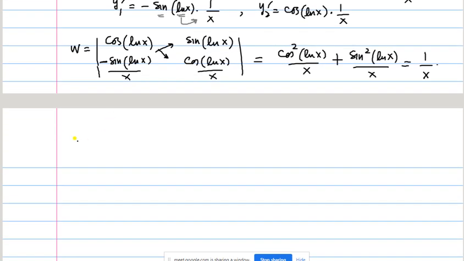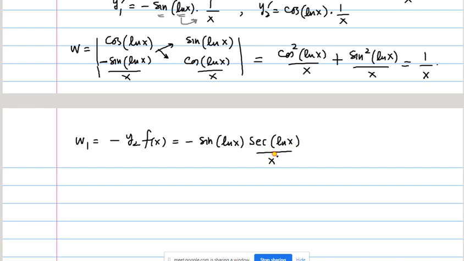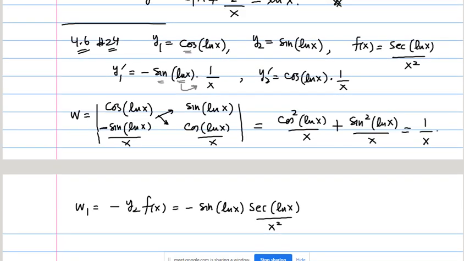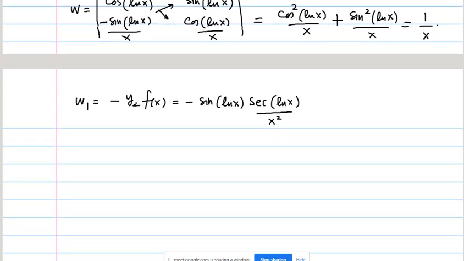Okay. Now w1 is minus y2 f of x. You can write it directly. Minus y2, so minus sine log of x, this is my y2, right? And f of x is secant log of x divided by x square. This is w1. And now w2 is y1 f of x. It does not have minus.